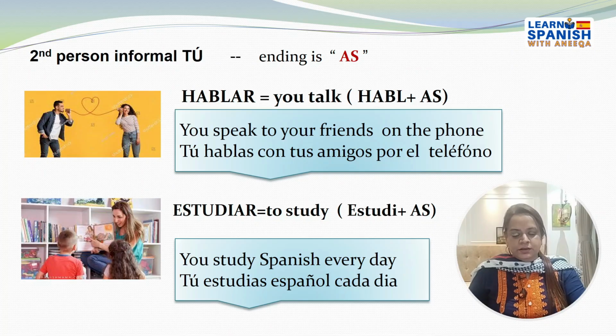The stem will remain and the AR ending will be removed and AS will be added to it to make it tú hablas. You speak to your friends on the phone. The boy is telling the girl, you speak to your friends on the phone. He will say, tú hablas con tus amigos por el teléfono.